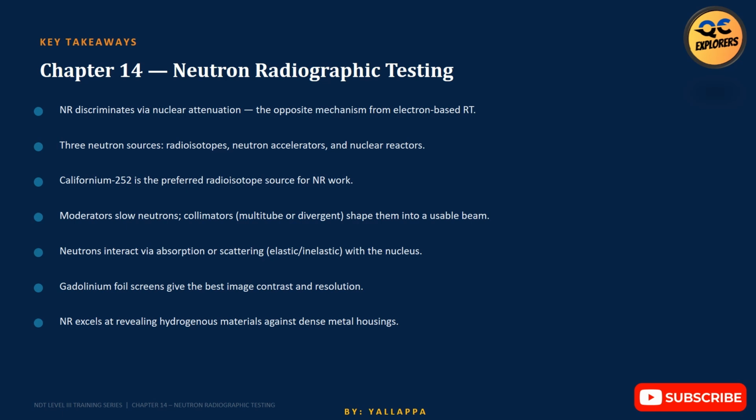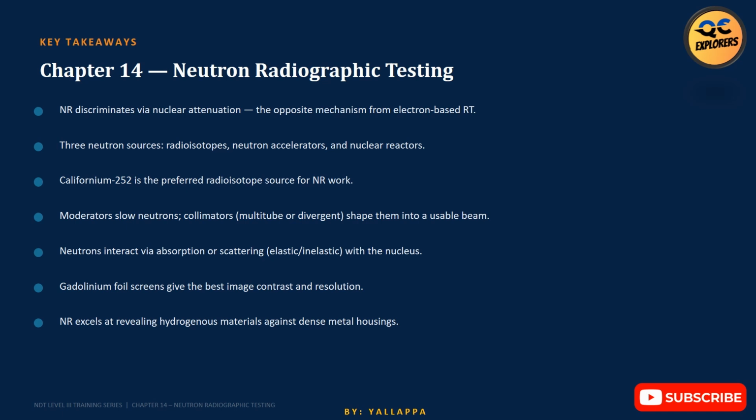As you continue your preparation for the ASNT Level III examination, remember that success comes from understanding concepts rather than memorizing isolated facts. When you understand the physics behind the inspection process, you'll be able to analyze unfamiliar situations, solve technical problems, and confidently justify your inspection decisions.